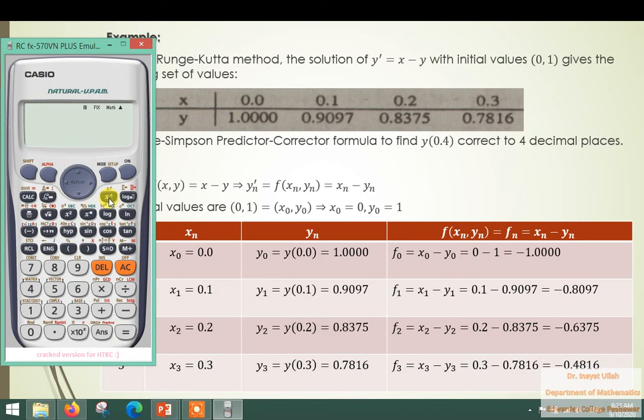Now here we see that we need to calculate the answer up to 4 decimal places. So it will be suitable for us to fix our calculator up to 4 decimal places. This is not strictly necessary, but for the purpose of calculation and comfort, we fix the calculator up to 4 decimal places.